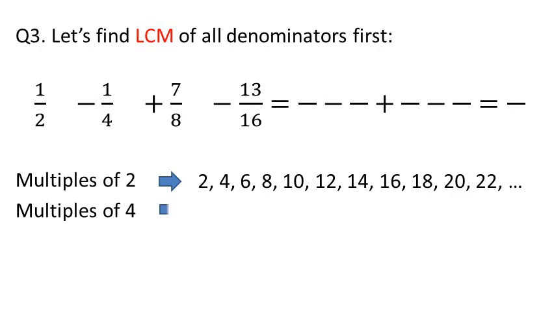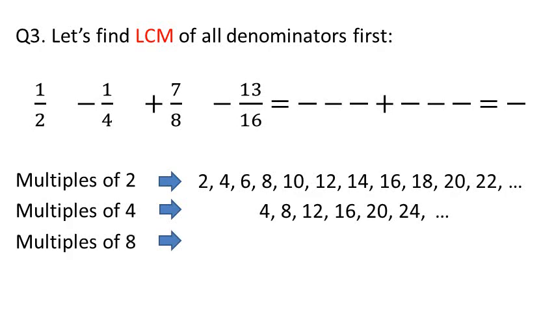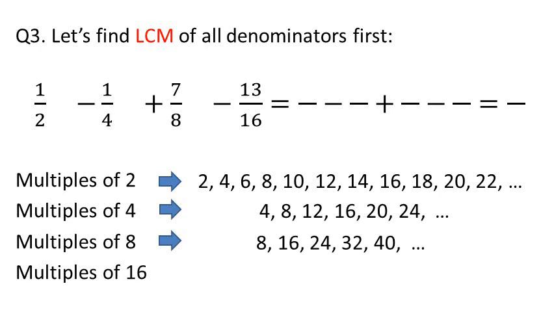Multiples of 4 are 4, 8, 12, 16, 20, 24, and so on. Multiples of 8 are 8, 16, 24, 32, 40, and so on. And multiples of 16 are 16, 32, 48, and so on.